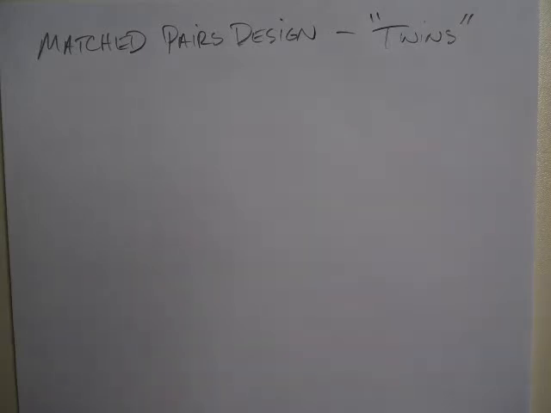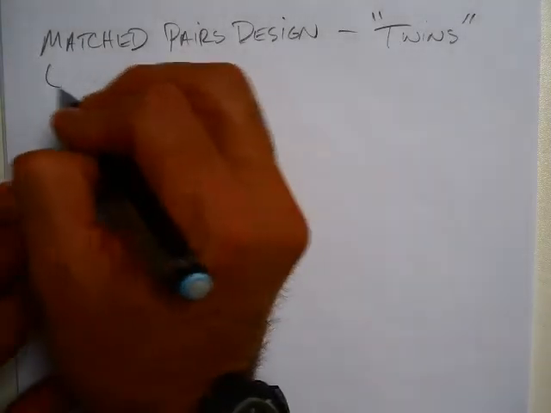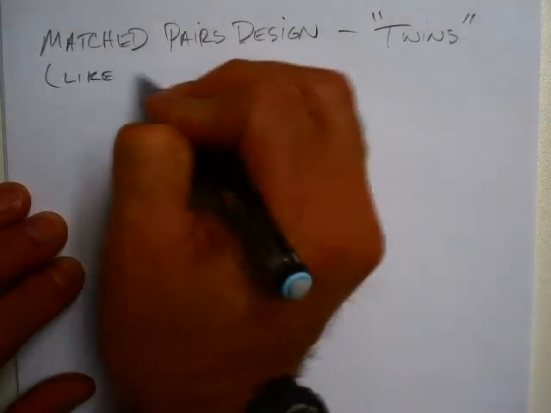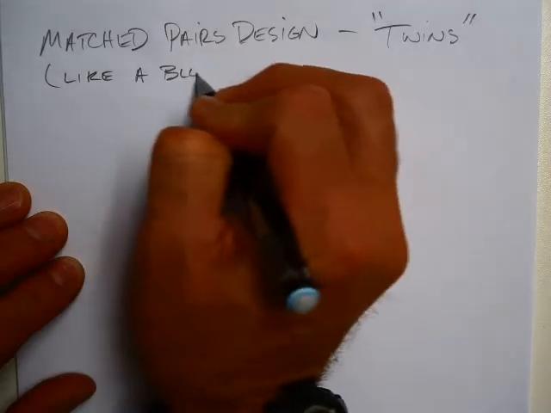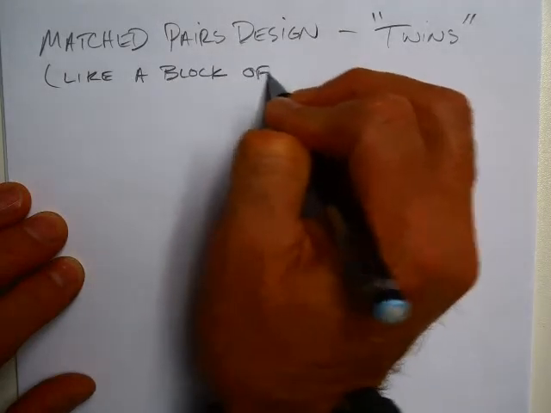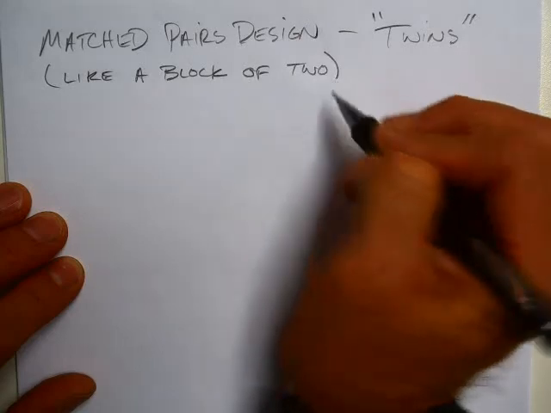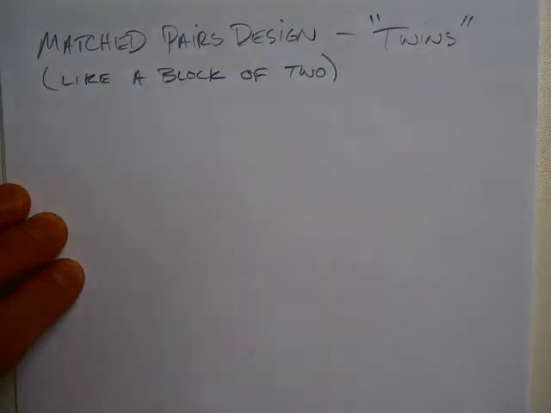But a matched pairs design is really like a block of two, where two experimental units that are very similar or the same are randomly assigned a treatment each.